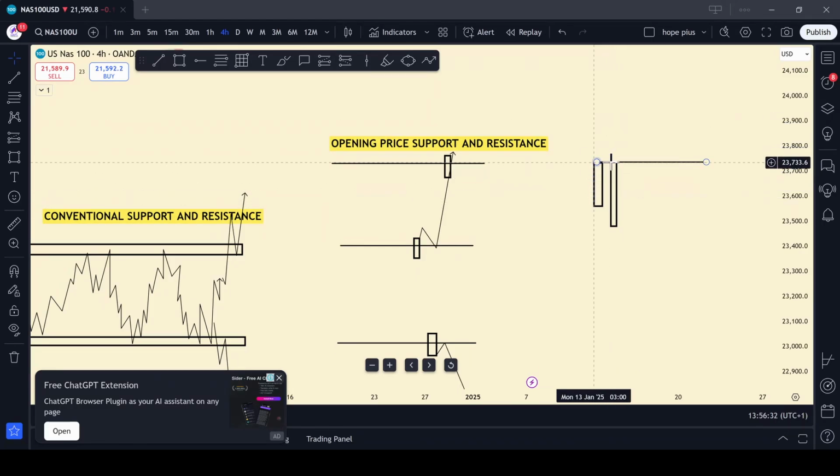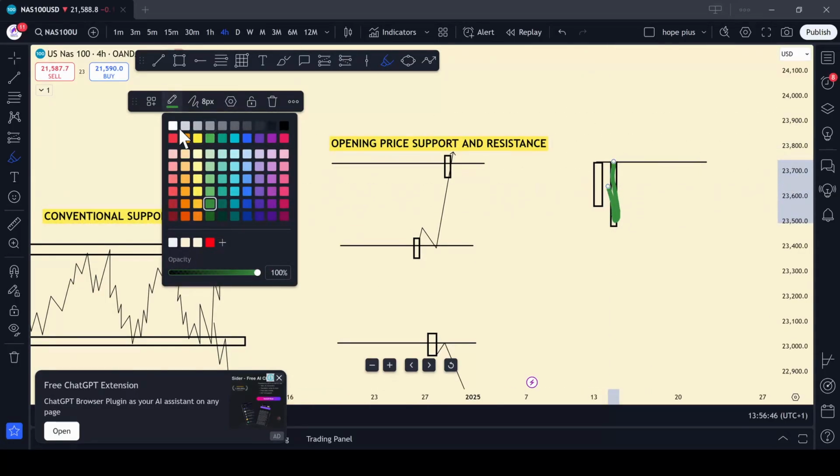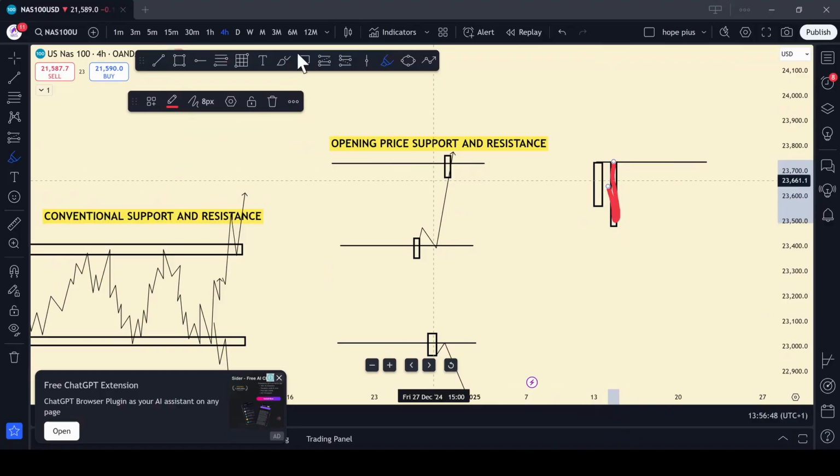This one is a bullish candle. This one is a bearish candle. Let me shade it bearish, let me turn it to red. So this is a bearish candle, and this one is a bullish candle.